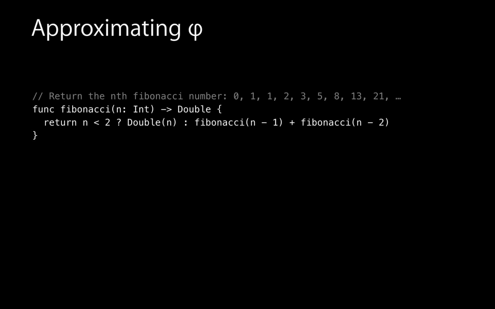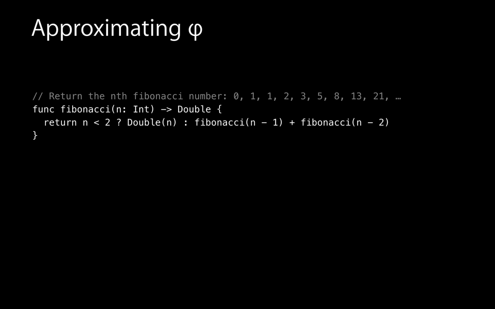So first we need to compute the nth Fibonacci number. So that's just the sum of the previous two Fibonacci numbers, where the first two Fibonacci numbers are 0 and 1. Okay, this is not the fastest way to compute the Fibonacci numbers, but it is really hard to beat for its simplicity and mathematical purity and elegance.